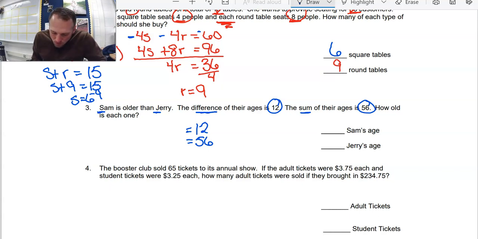Remember, is means equals, so it fits in there really good. The difference of whose ages? Sam and Jerry. So this just means S minus J equals 12. And the sum of their ages, well, sum means plus. So if I add their ages together, we're going to get 56.